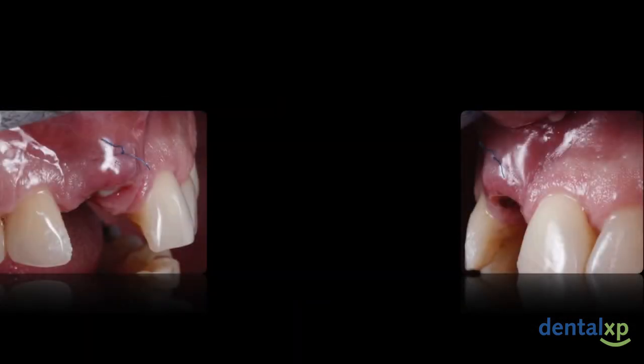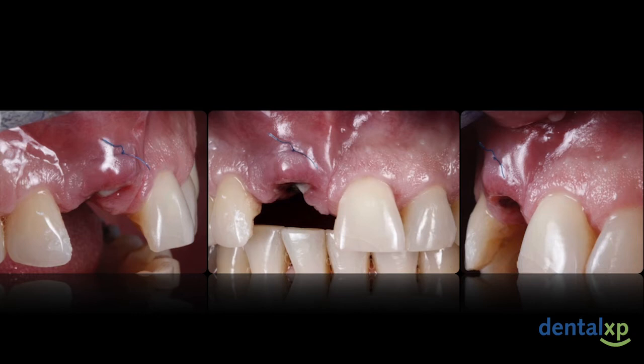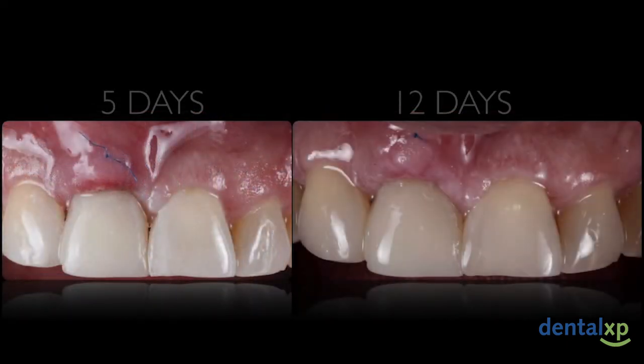And if we evaluate the early healing of this case, this is at 3 days post-op, you could see a very favorable tissue response in the area due to the limited amount of trauma that was performed to the site. Again, at 5 days and 12 days, showing good tissue integration and healing around the temporary crown.